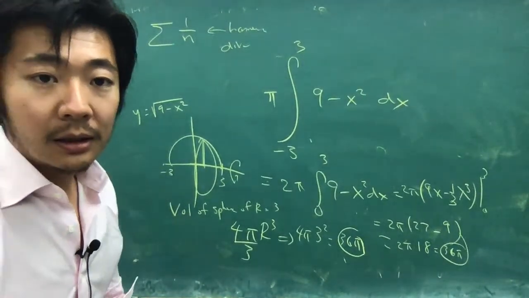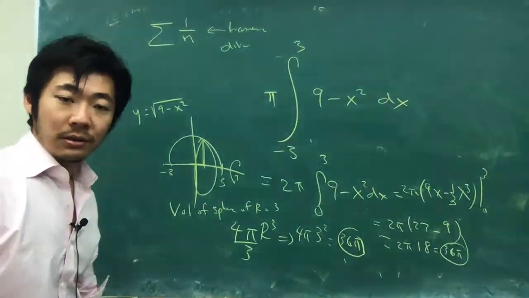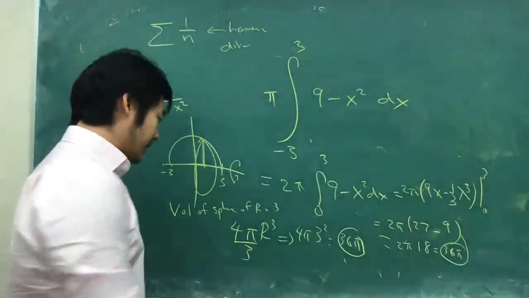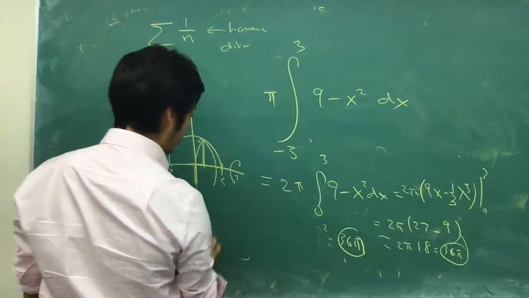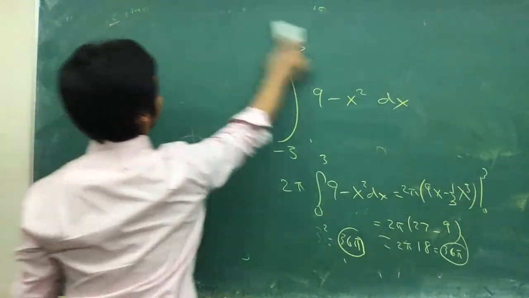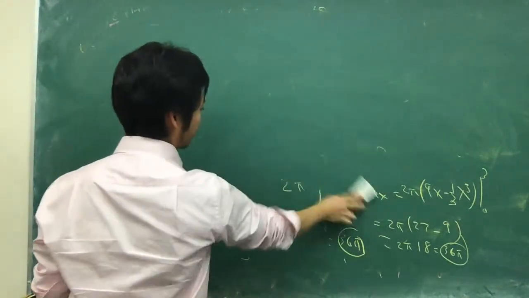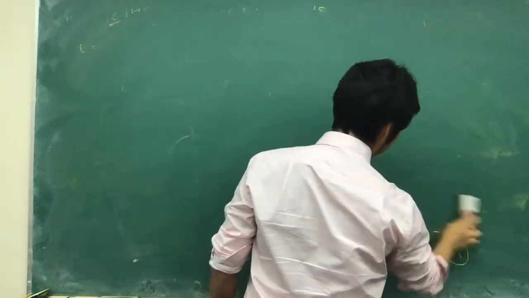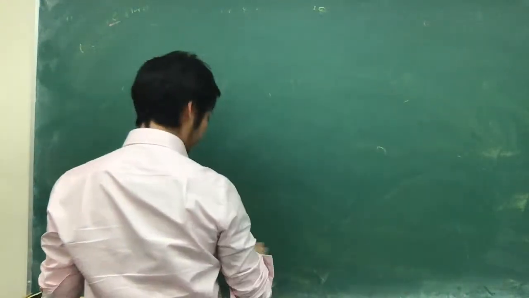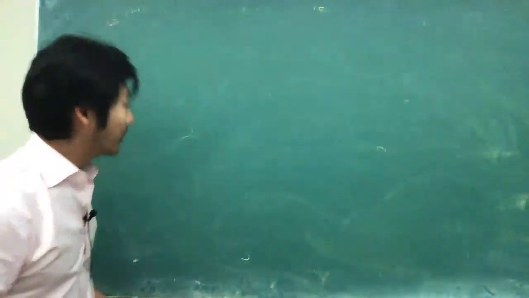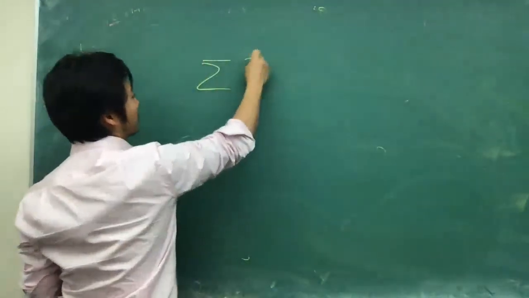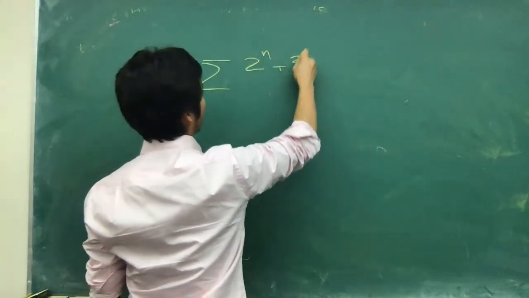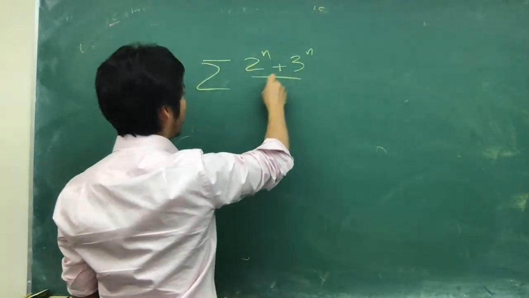Okay. So the next two are geometric series. The last one is the telescoping series. So this is 2 to the n plus 3 to the n over 5 to the n.